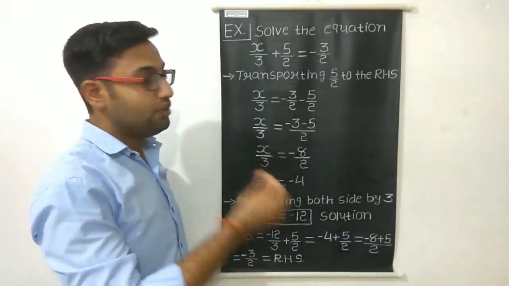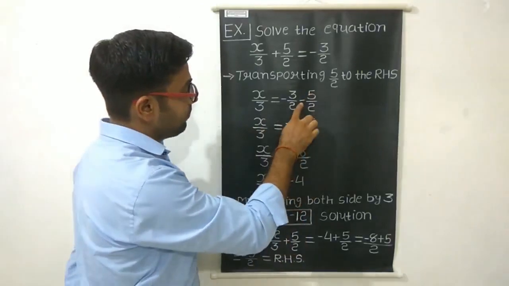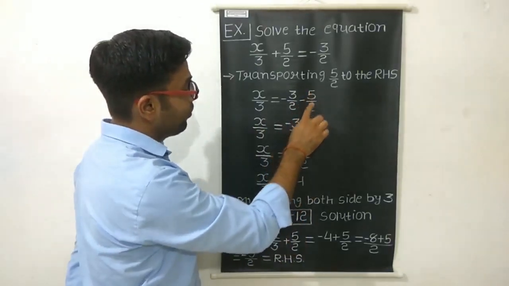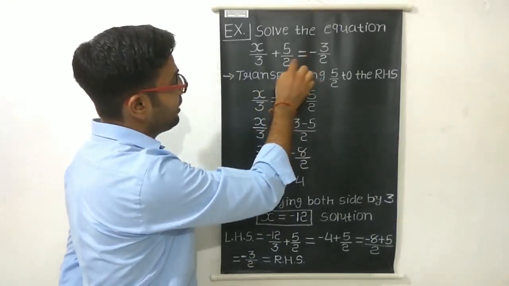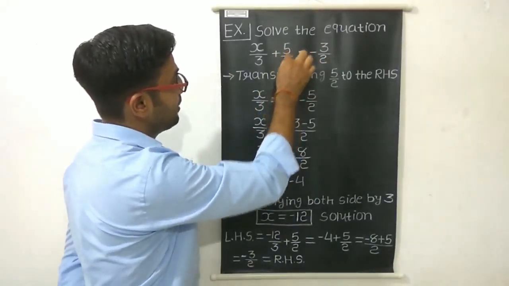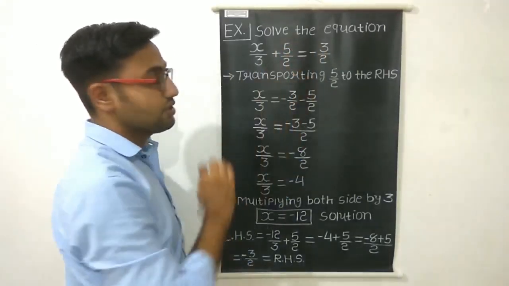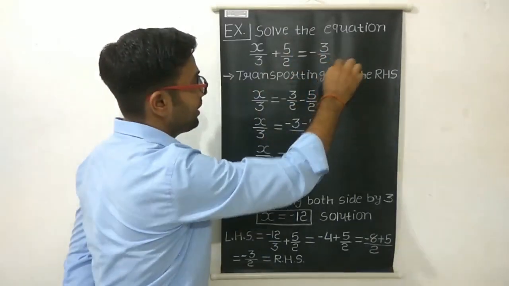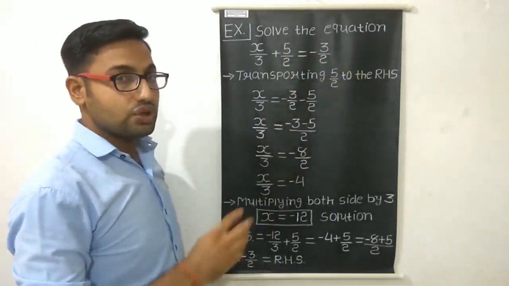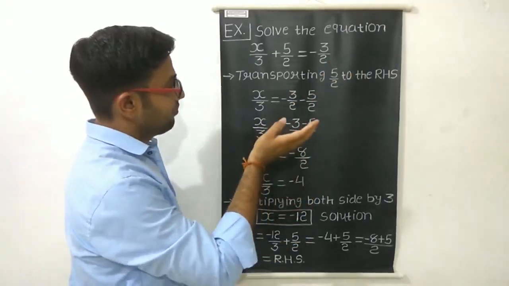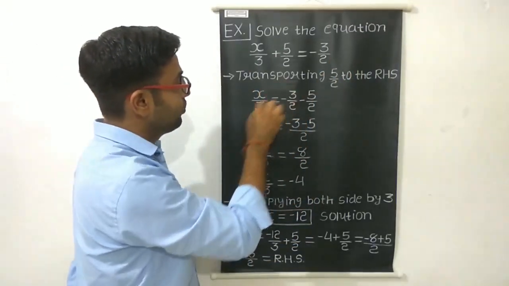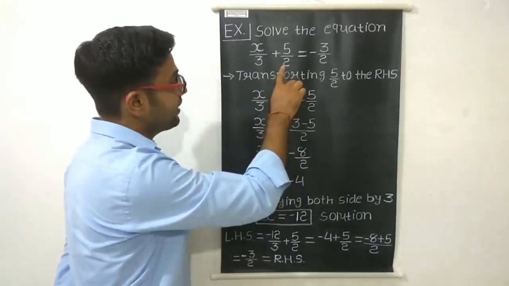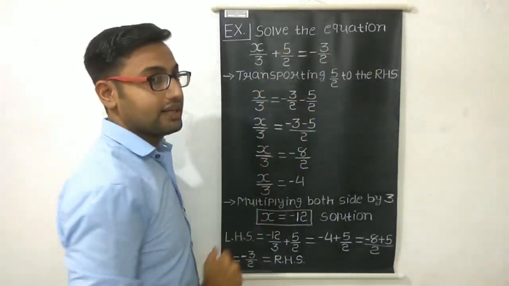So what basically we do, we subtract 5 upon 2 from both the sides. By subtracting 5 by 2 here, plus 5 by 2 and minus 5 by 2 becomes 0. And here we get the minus 5 by 2. So we can do this step by taking this 5 by 2 to the right hand side.